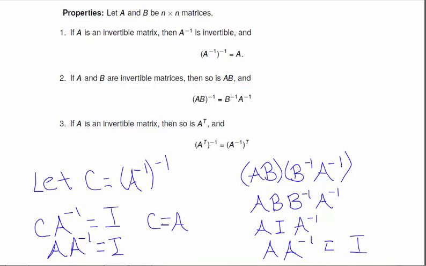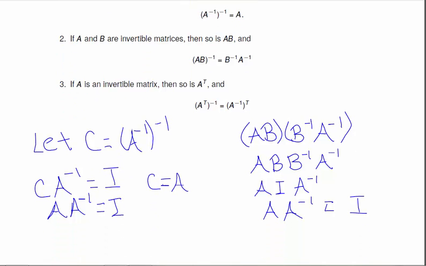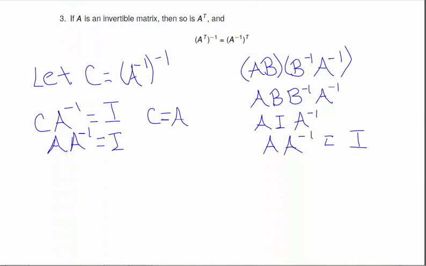My third one is to show that A transpose inverse is equal to A inverse transpose. So basically saying when you want to take the inverse of the transpose, you can do that, or you can take the transpose of the inverse. It doesn't matter which one you do first. I'm going to ask you to do this one. However, I will give you a hint.